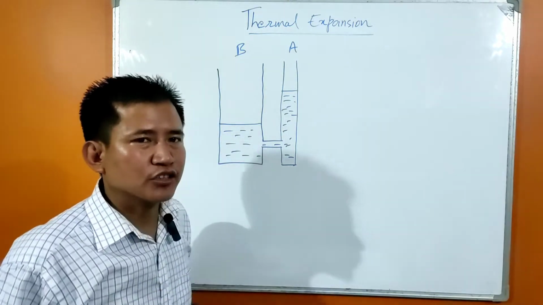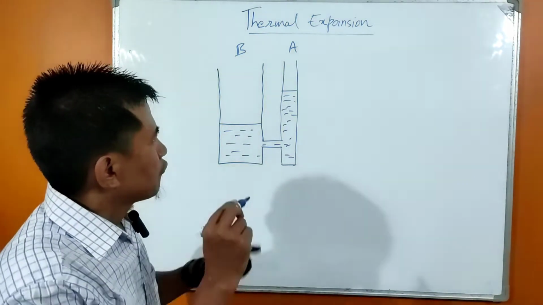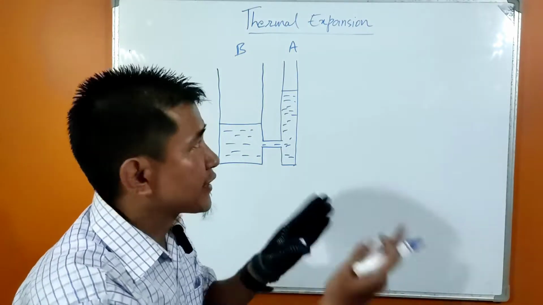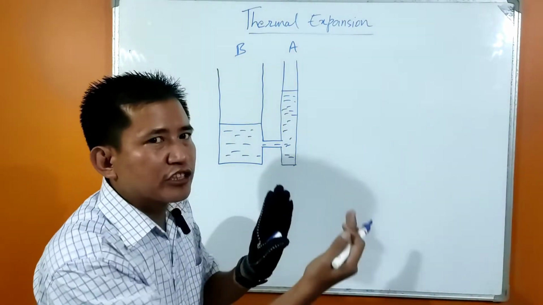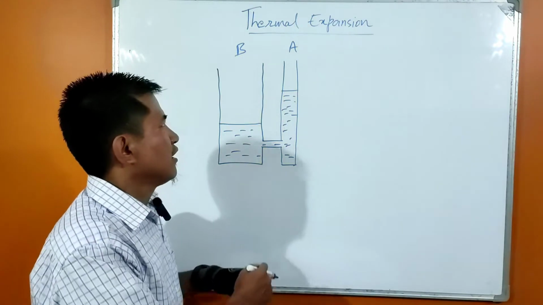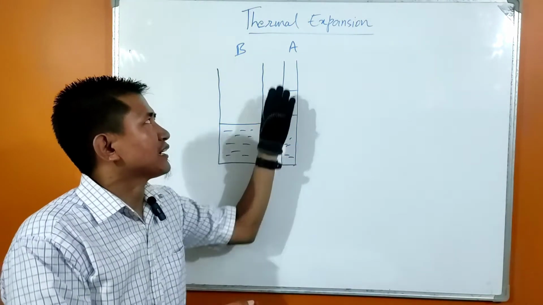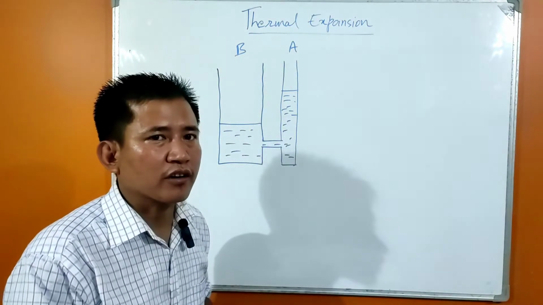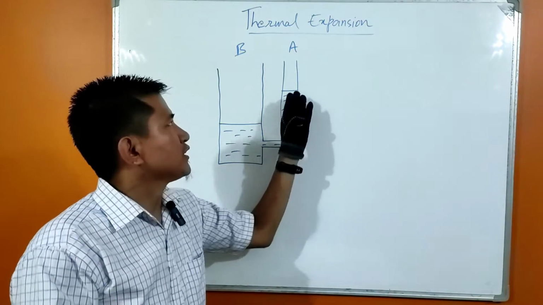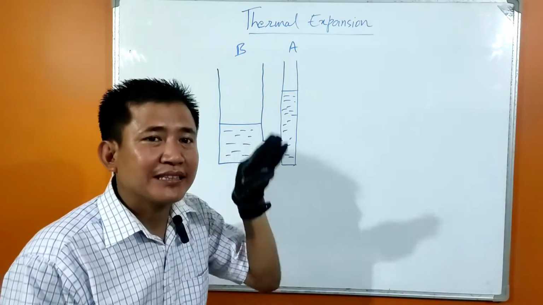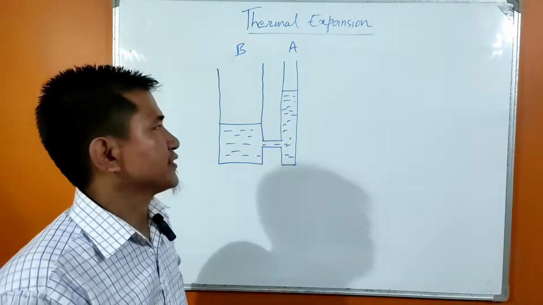But if I ask you from which cylinder to which cylinder the water flows, the direction of water will be from which cylinder to which cylinder? Cylinder B contains a greater amount of water and cylinder A contains a lesser amount, but the level of water in cylinder A is at a higher level and the level of water in cylinder B is at a lower level, isn't it?